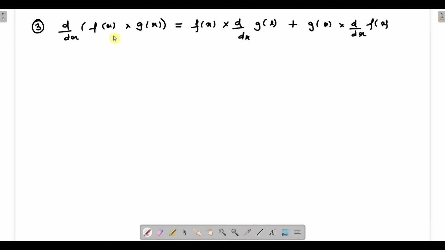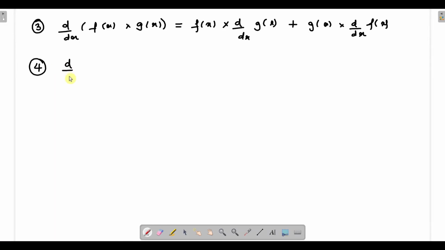The derivative of the product of two functions is f(x) multiplied by the derivative of g(x), plus g(x) multiplied by the derivative of f(x). So the first function multiplied by the derivative of the second function, plus the second function multiplied by the derivative of the first function. That is the third property.